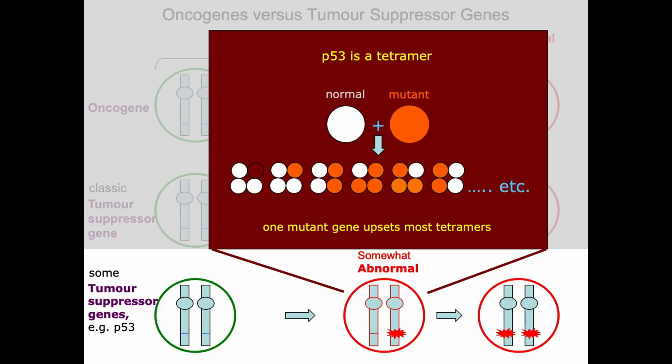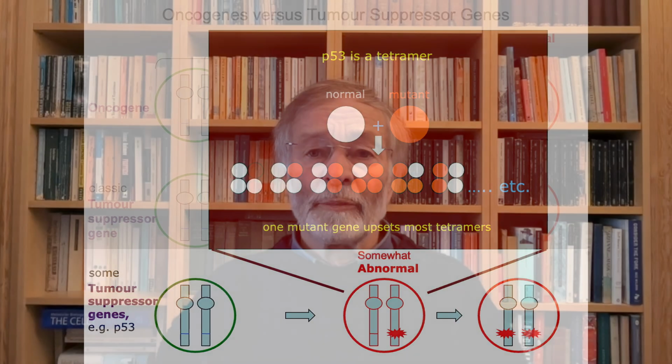So you can see that somewhere between 1/4 and 1/16 of the protein will remain functional, even if only 1 copy of the gene is mutated. So we believe that's why mutation of p53 in 1 copy does seem to convey a selective advantage, but usually you lose the remaining copy as well.